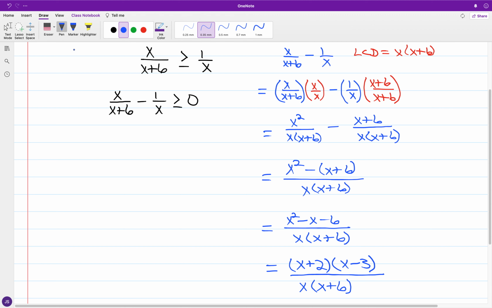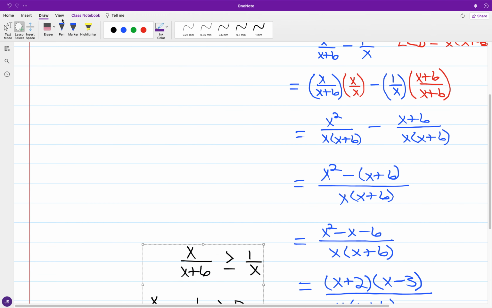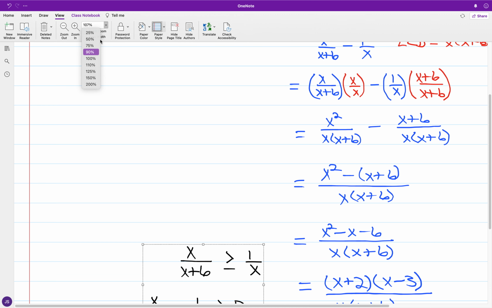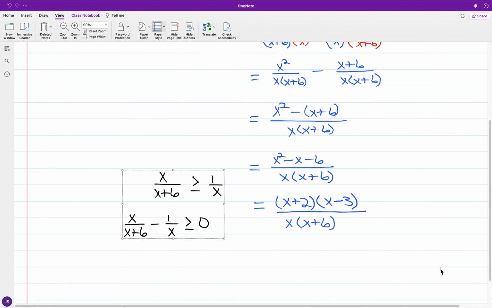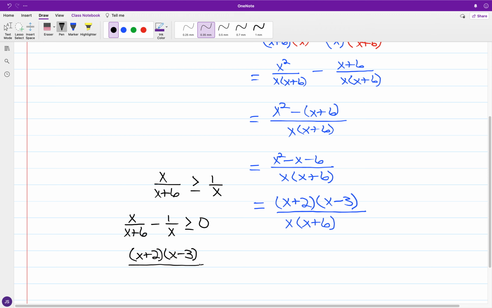Okay, so with our inequality, and making the adjustment, okay, so combining these ratios, we have altogether x plus 2 times x minus 3, and again, this is going to be all over x times the quantity of x plus 6 is greater than or equal to 0.